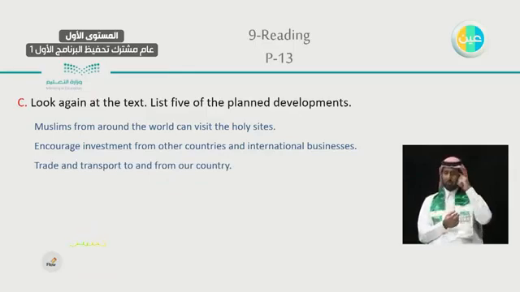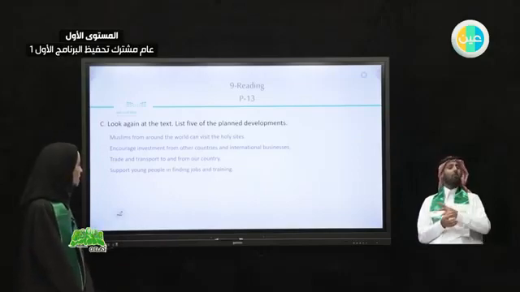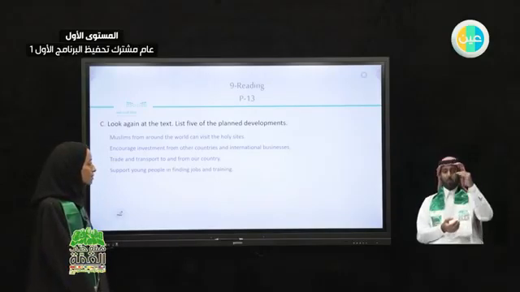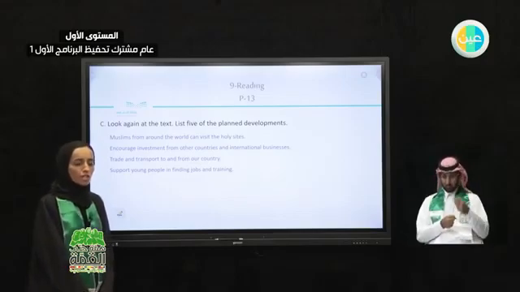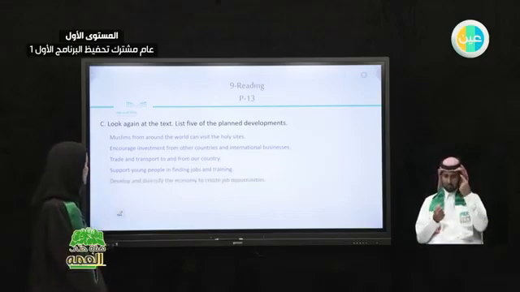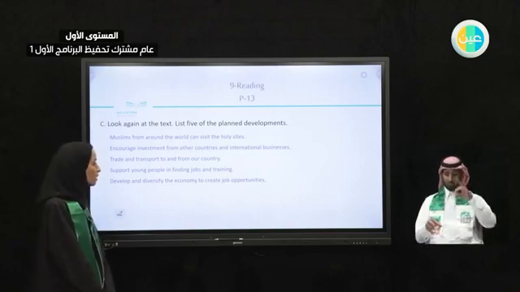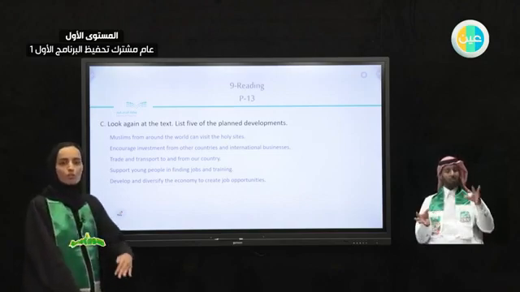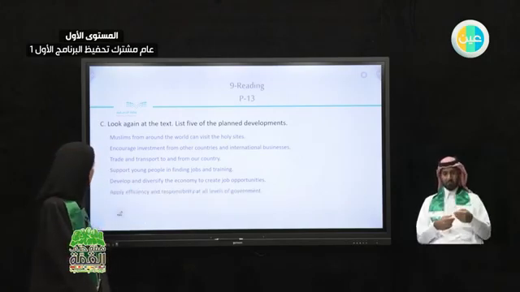It will be the center, the hub. 4. Support young people in finding jobs and training for the nation, for the people. 5. Develop and diversify the economy to create job opportunities for the well-being of people.